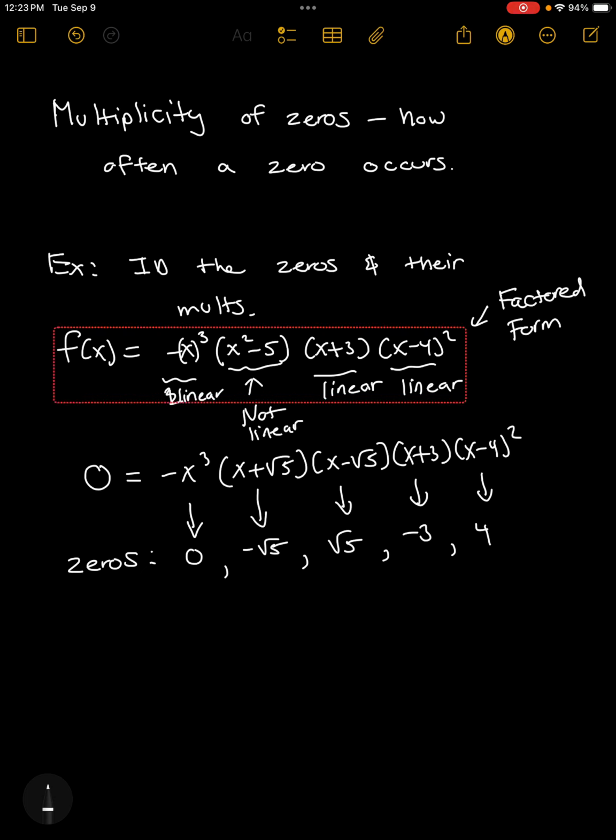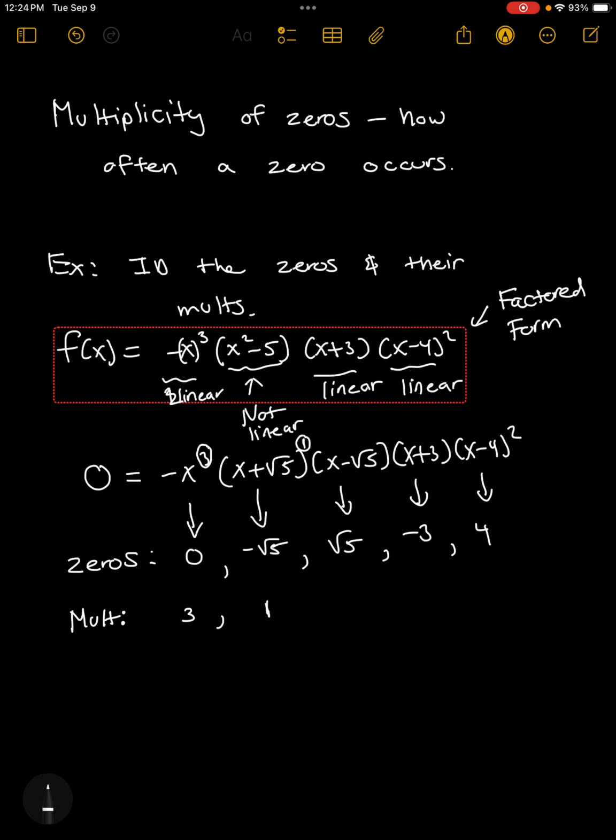All we're concerned about for multiplicity is how many times that zero occurs. I'm going to abbreviate it mult. The way I figure out the multiplicity of the zero of 0 is I look at the exponent. This exponent right here is a 3, so the multiplicity of that 0 is 3. If I look at the zero for negative root 5, to determine the multiplicity I look at the exponent right here, it's just 1, so that multiplicity is 1.